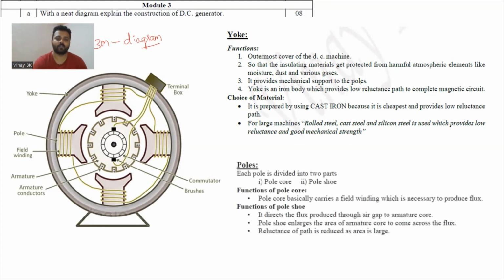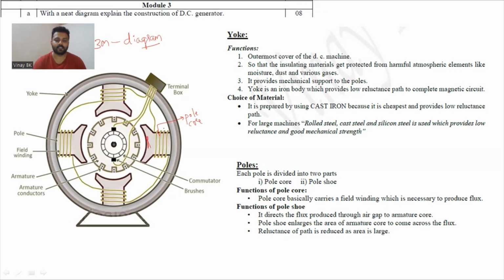Similarly, the second important part is the poles. You can see here the pole, which is divided into two parts. One is the pole core, and another one is the pole shoe.